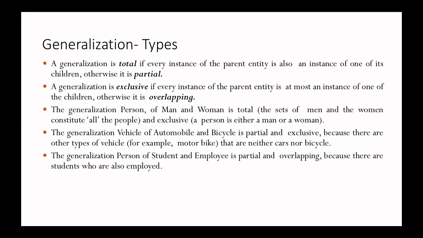The generalization vehicle of automobile and bicycle is partial and exclusive because there are other types of vehicle, for example motorbike, that are neither car nor bicycle. The generalization person of student and employee is partial and overlapping because there are students who are also employed.